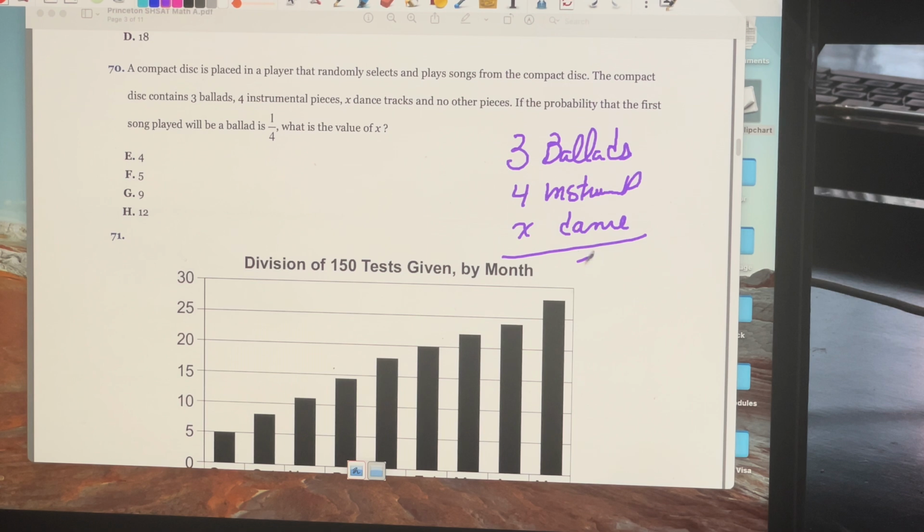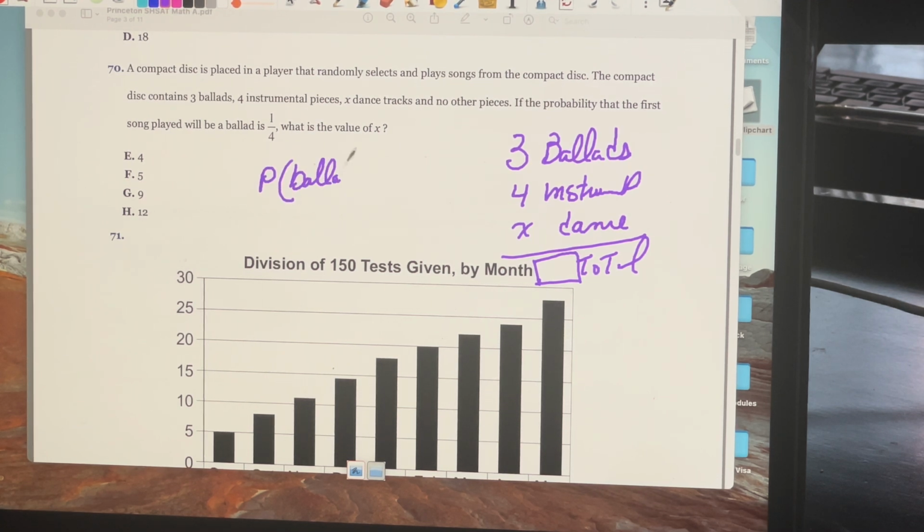And then we have a total that we don't know as of yet. The probability that the first song played will be a ballad is 1/4. So if you were to press play, and the probability of picking a ballad is 1/4, what was the number at the bottom?